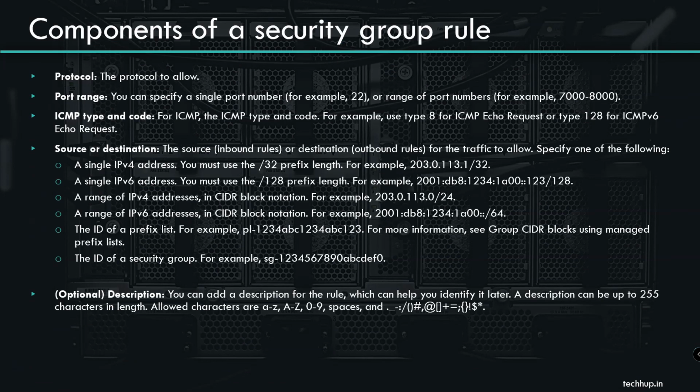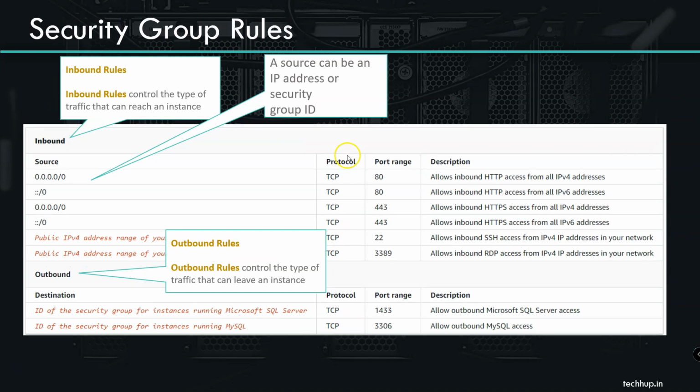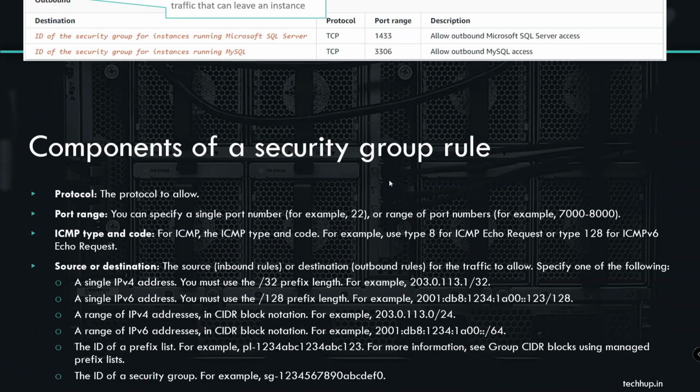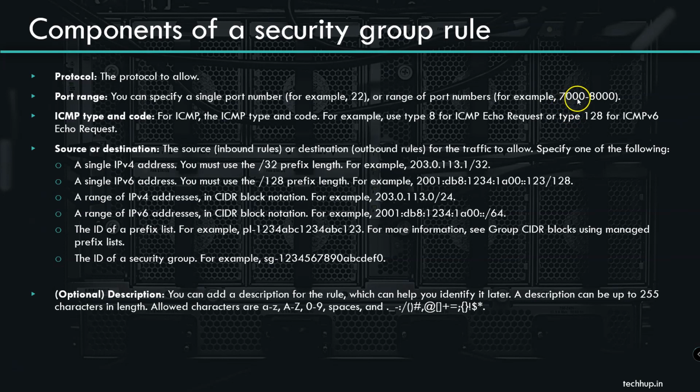Now, the components of a security group, as we discussed: we have protocol, where we define the protocols. We have the port range, where we can either define one single port or a range of ports, for example 7,000 to 8,000.